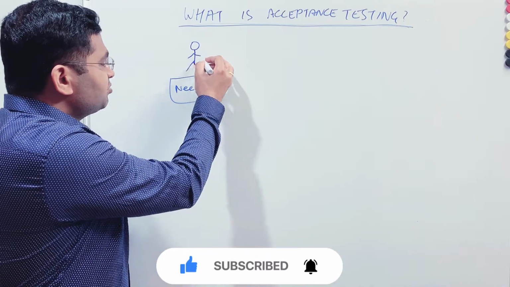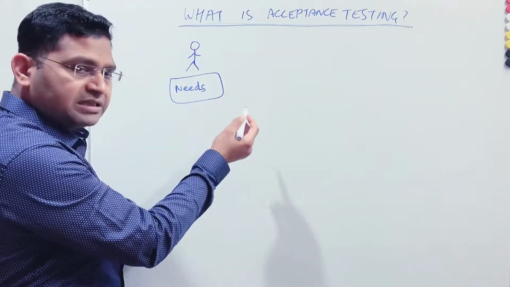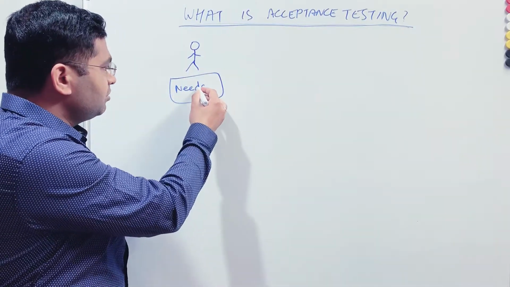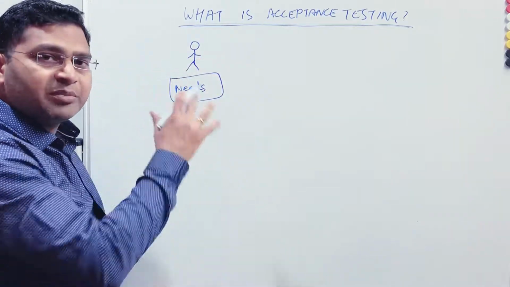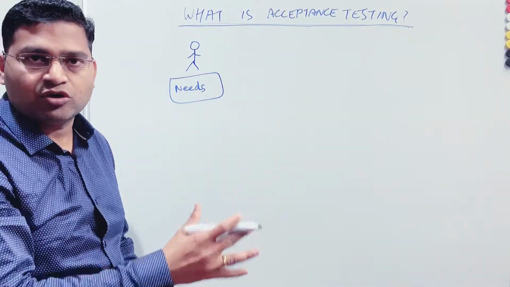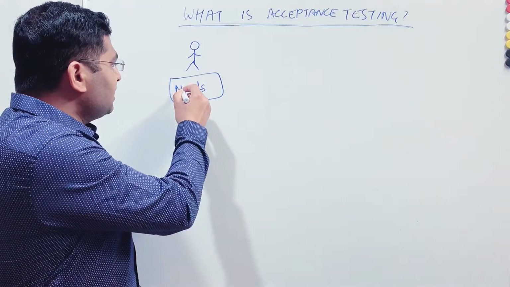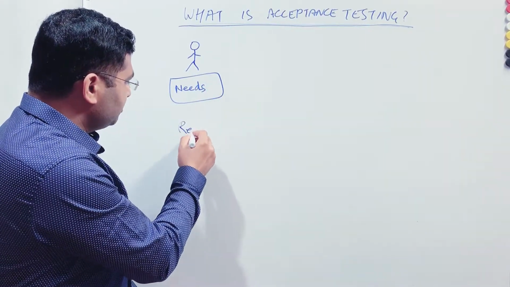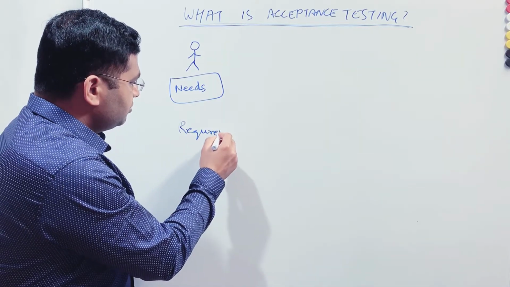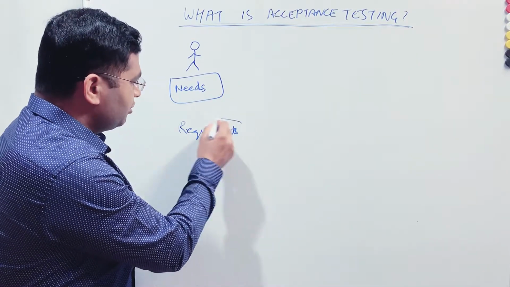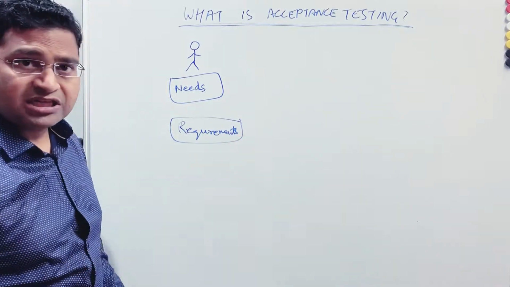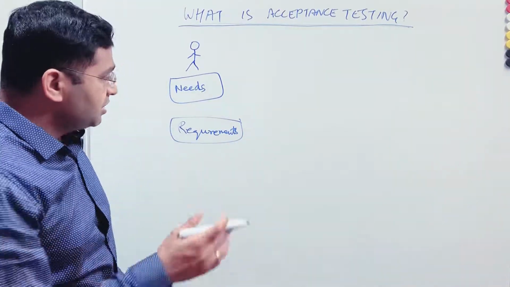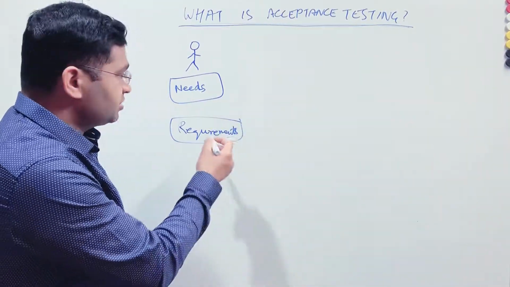He will explain or document those and send those details, for example for an e-commerce website, and based on those needs somebody will document them into requirements. If it is the waterfall approach, there will be big requirement documentations. Otherwise, if it is agile scrum, then it will be user stories.